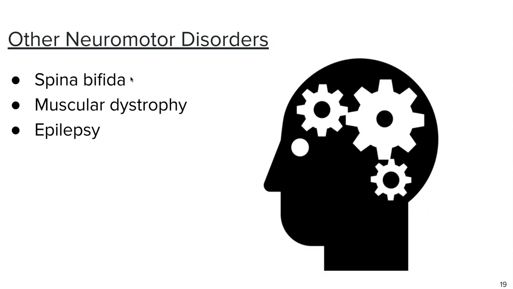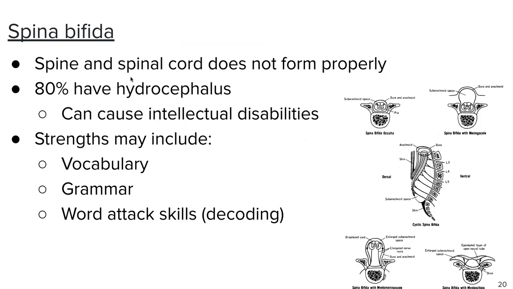Some other neuromotor disorders we're going to talk about just briefly: spina bifida, muscular dystrophy, and epilepsy. Spina bifida is where the spine and spinal cord do not form properly. About 80% are going to have hydrocephalus along with that, and that is where water enters the skull and brain region, and if that water is not removed quickly, it can cause the brain cells to actually drown in that water and die.